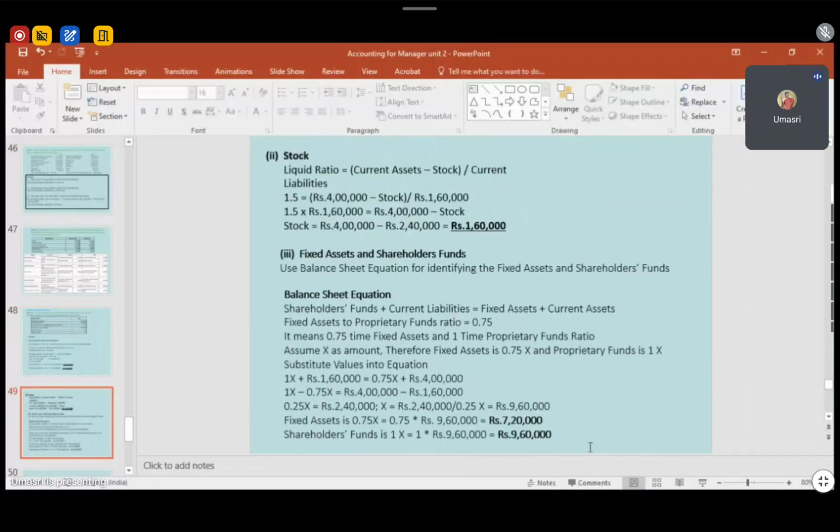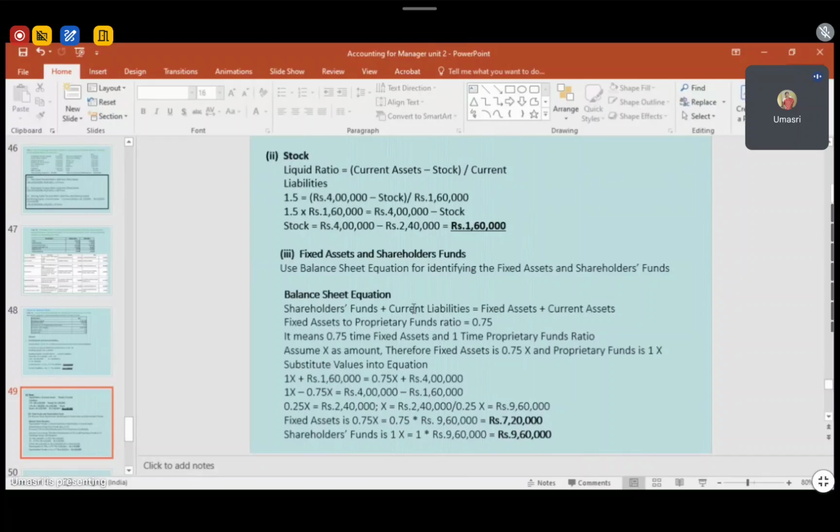Okay. So now let us use this accounting equation for finding the values. See here, on the liability side, what things will come? Shareholders fund, that means capital plus reserves and surplus, that is called shareholders fund, or we can call it proprietary fund, plus long term liability.